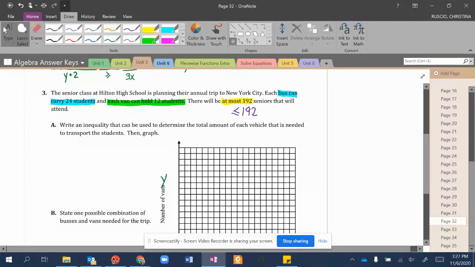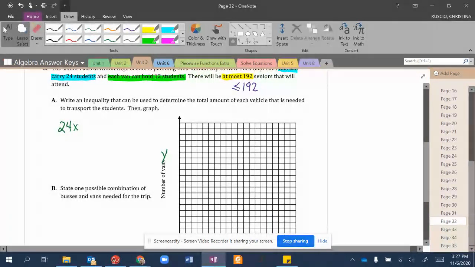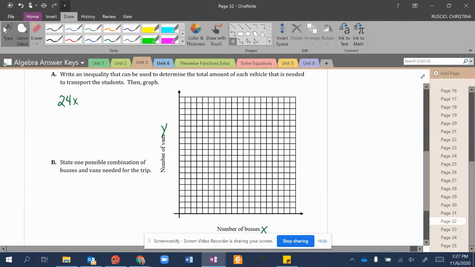So if we look up top here, each bus can carry 24 students. So however many buses we have, if we multiply 24 times that, we're going to figure out the total number of students that can be on there. Or sorry, total number of buses that we can have.